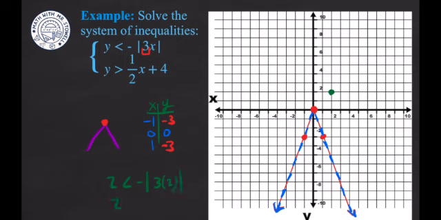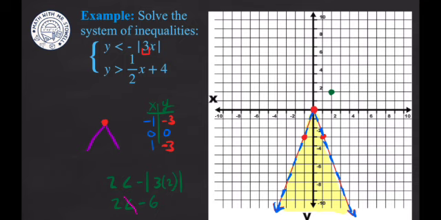Close absolute value. Is 2 less than negative 3 times 2 is 6, -6? No. So this point 2, 2 is not a solution. So what we're going to do is we're going to shade inside the absolute value instead of being shaded outside. Only the stuff inside.